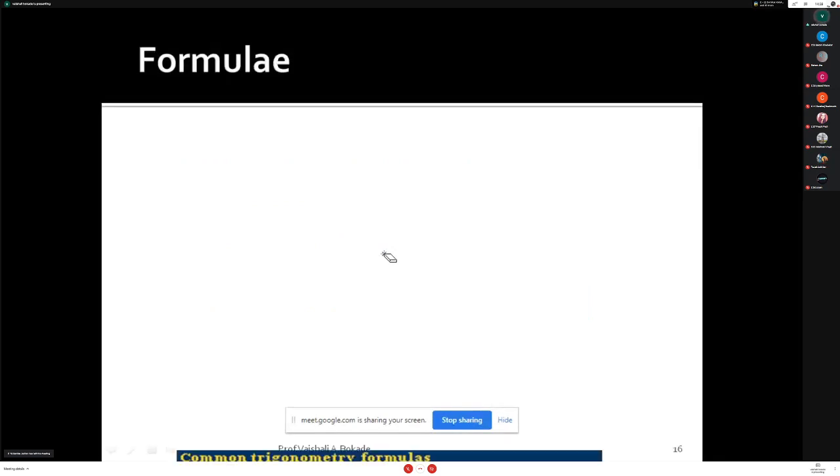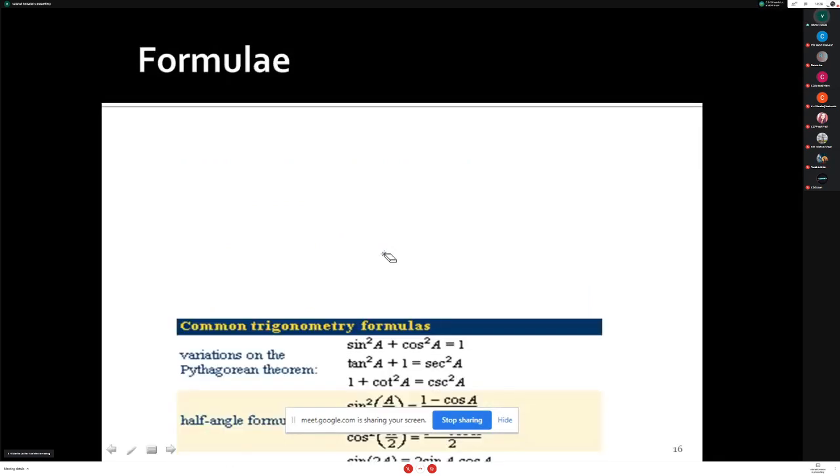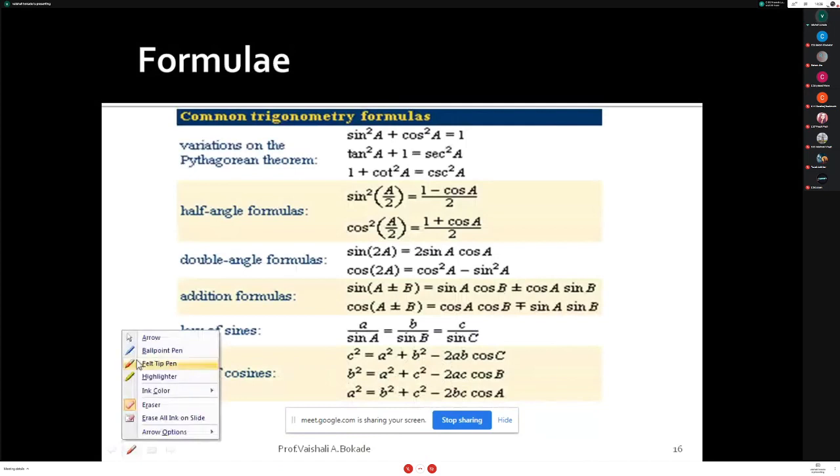Before going for the example, I am thinking I have to recall some formulae. Some of you can recall it, but still I want to go over these formulae here. We know the trigonometric identities: sine square plus cos square is 1, 1 plus tan square a is sec square a, 1 plus cot square a is cosec square a. We know that 1 minus cos a divided by 2 is sine square a by 2.